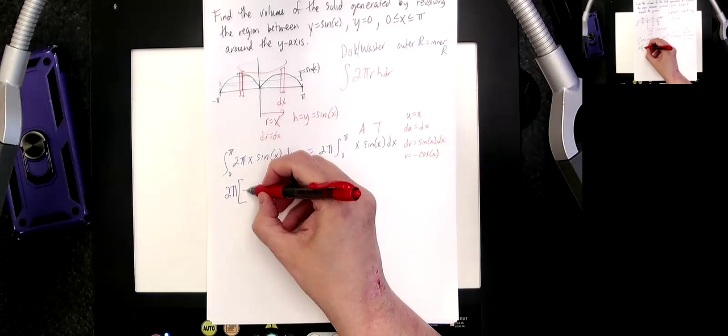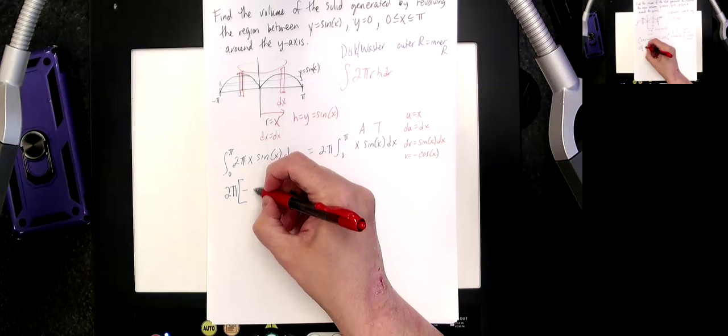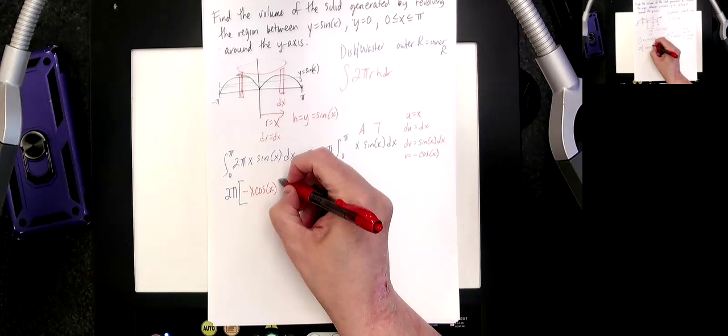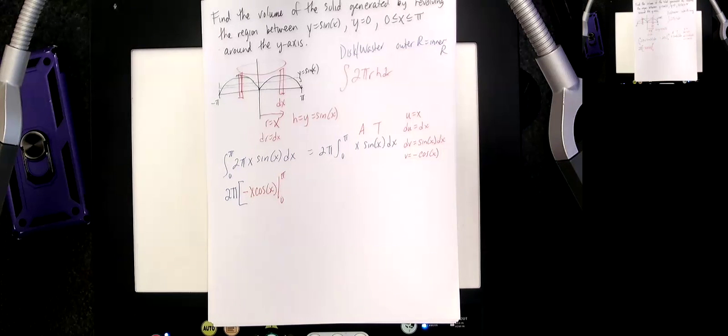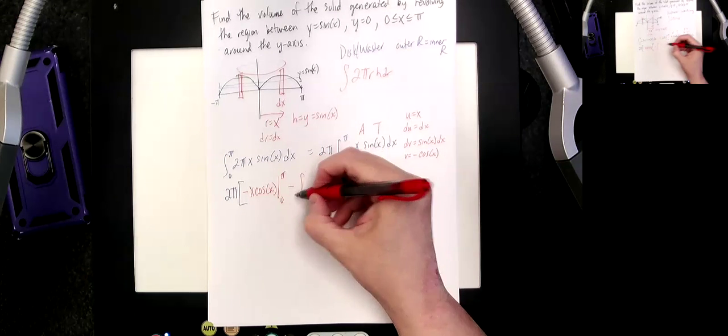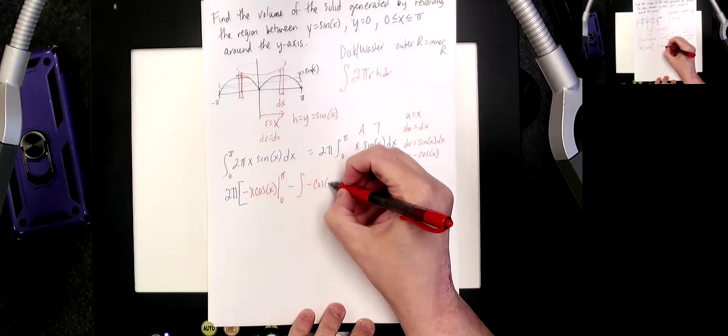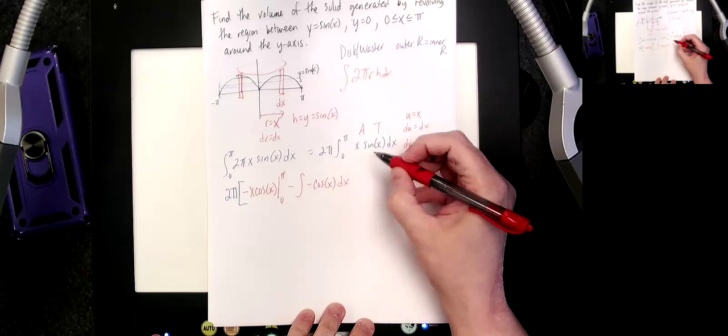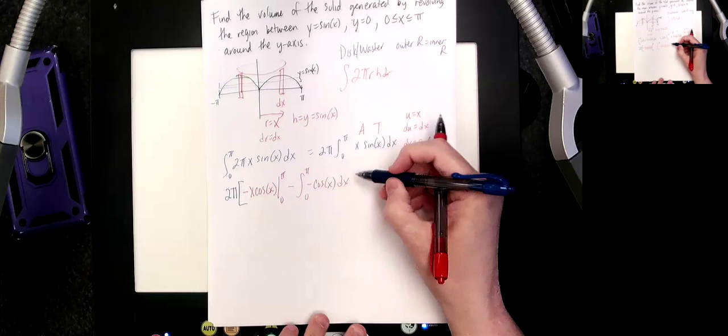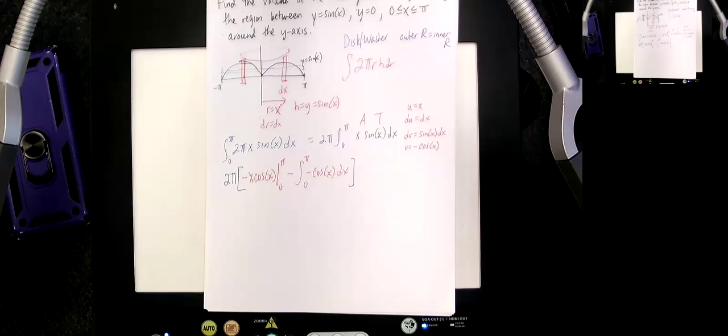We have u times v is negative x cosine x, evaluated from 0 to pi, minus the integral of v du.